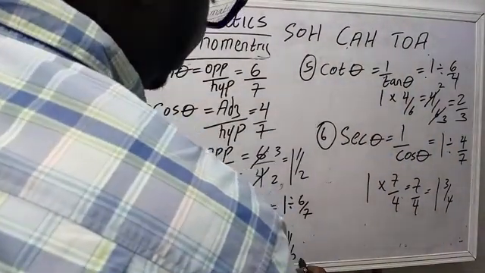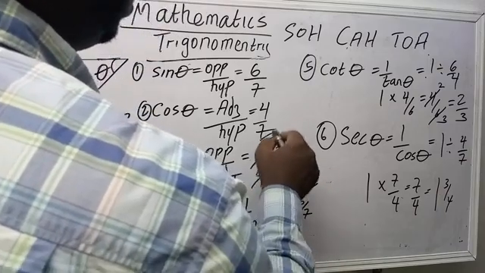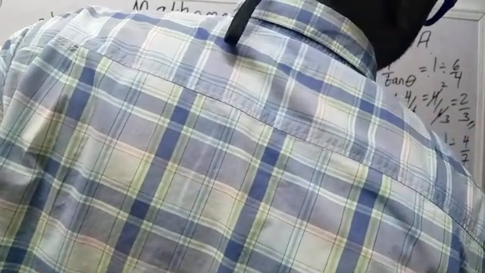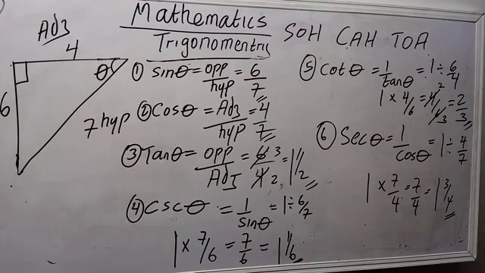This is your answer. 1 times 4 will give you 4, plus 3 will give you 7.